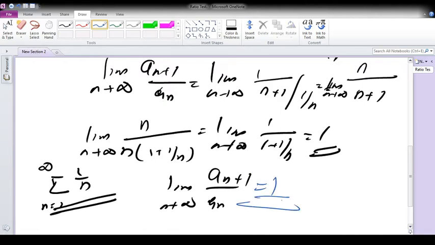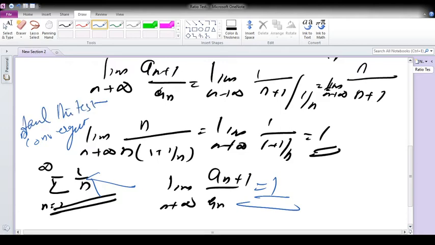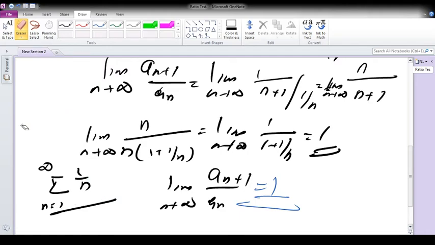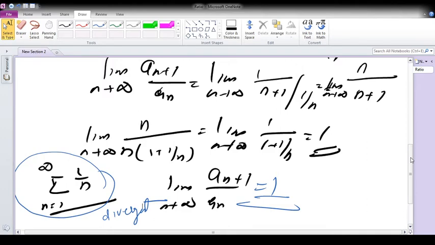So we can't say this series is convergent or divergent. In this case, we say we fail the test. This type of series can be convergent or divergent. We already saw in the previous lecture that this series is divergent.